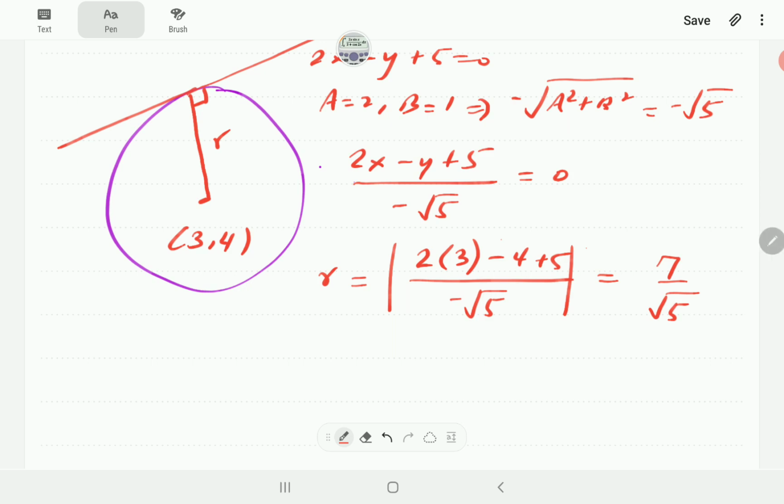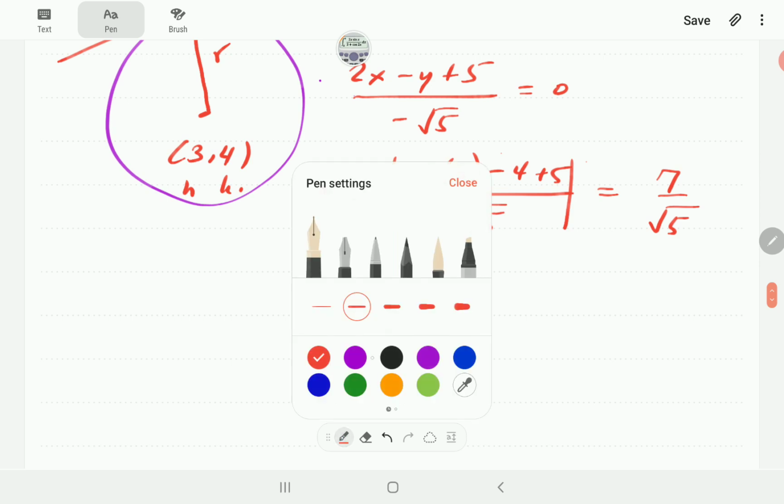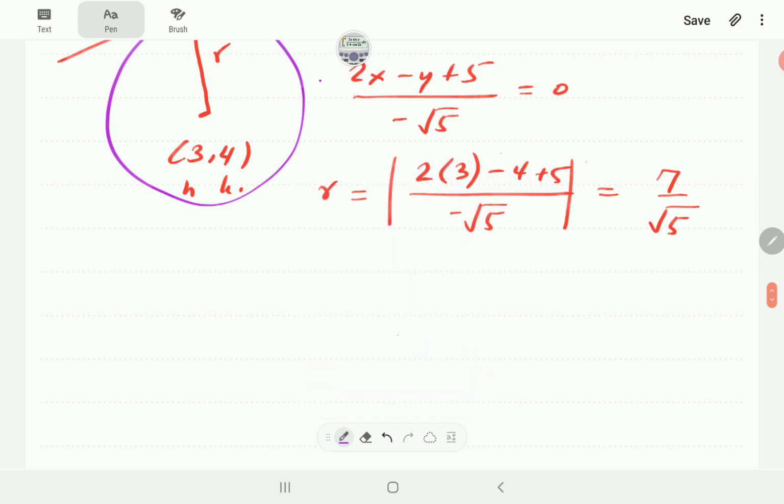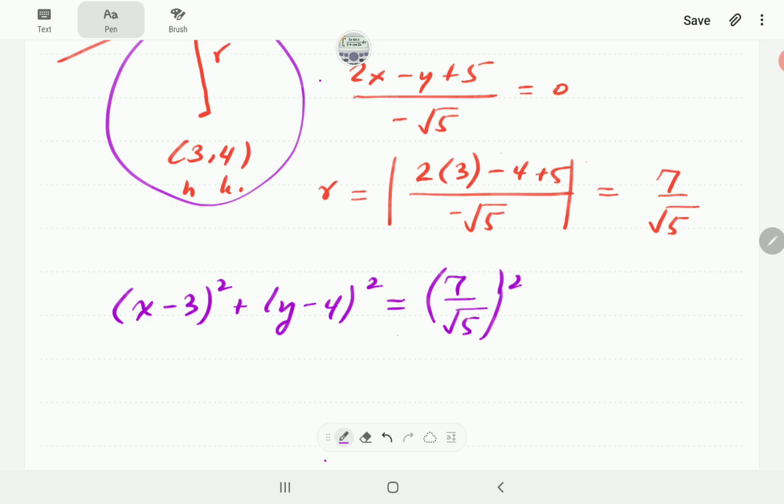So we have the radius, we have h and k. So we can write the equation of the circle. So we're going to have x minus 3 all squared plus y minus 4 all squared is equal to 7 over square root 5 all squared.